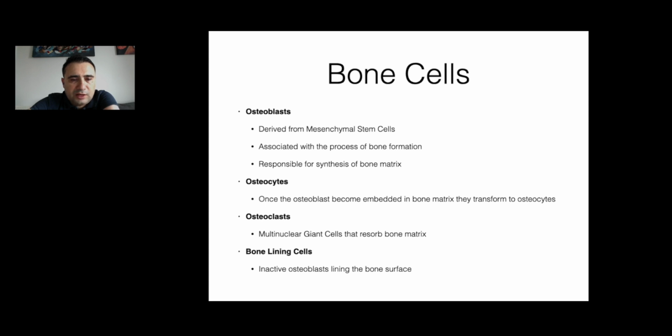And the last type of cells are bone lining cells. They are pretty much osteoblasts normally, but they are inactive. They reside on the bone surface, and whenever the bone requires osteoblasts for bone formation, they become osteoblasts. These cells are called bone lining cells.